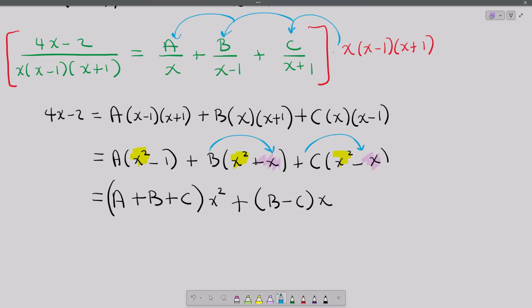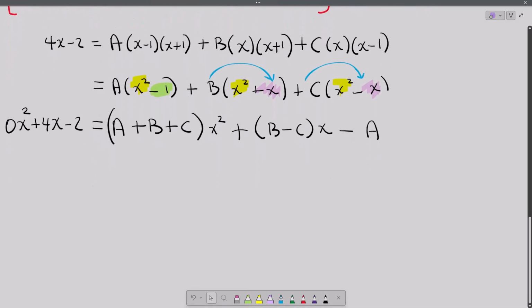And now let's go with just the constant. That's only this one, right? This has a linear and a quadratic. This has a linear and a quadratic, no constants. This one has a constant, and that's just negative a. So that goes here. On the left-hand side, we have 0x squared plus 4x minus 2.